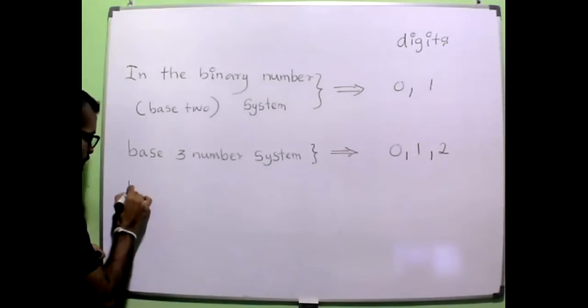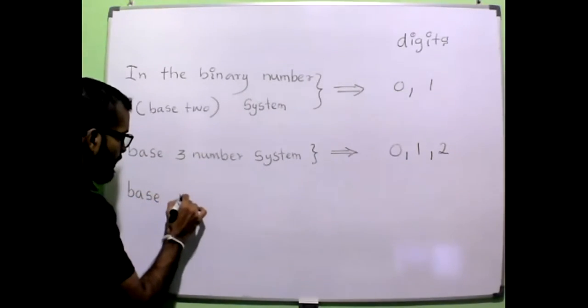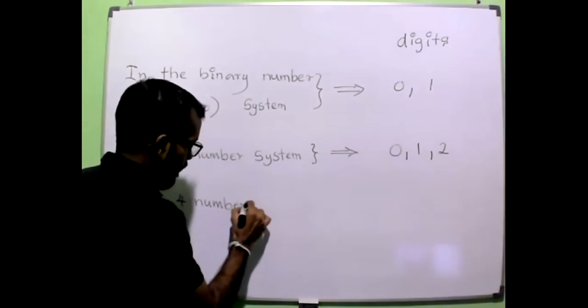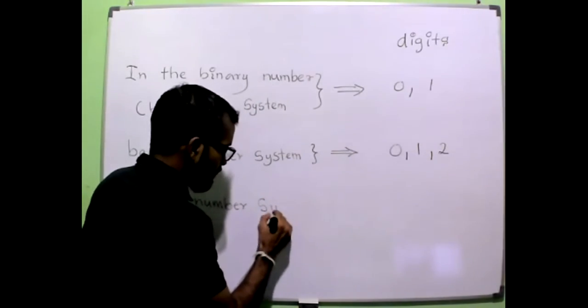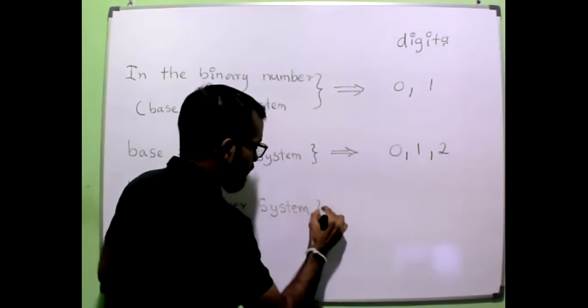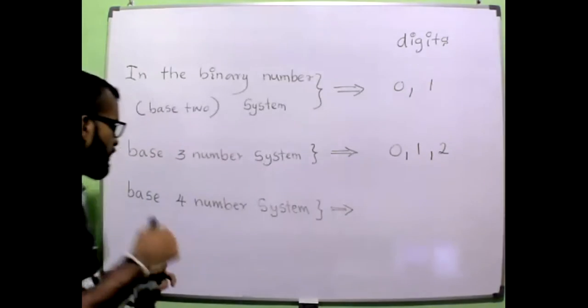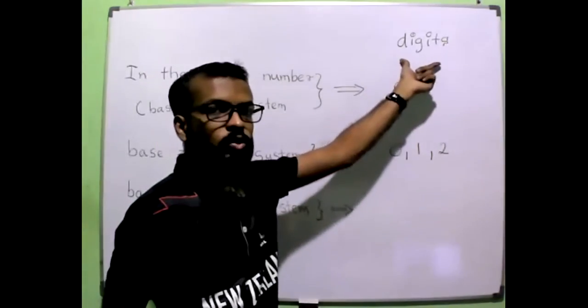Then if you are using, let's say, base 4 number system, don't think too much about this. Just catch what I am explaining. If you are using the base 4 number system, what are the digits that you can use?